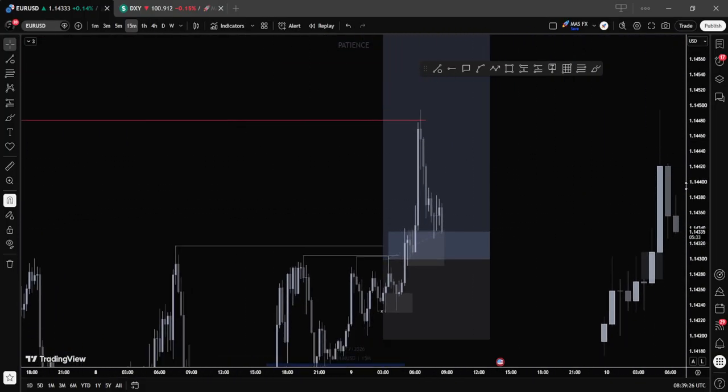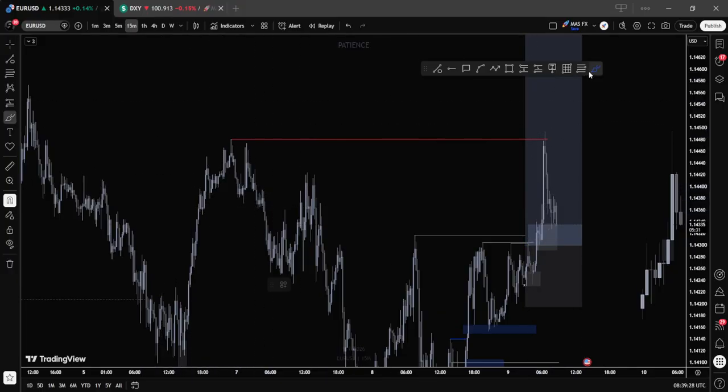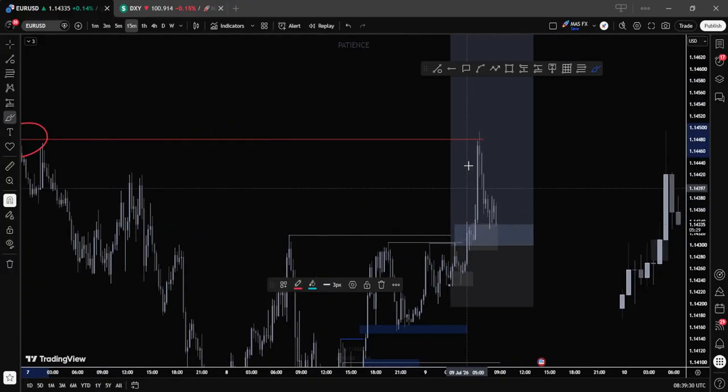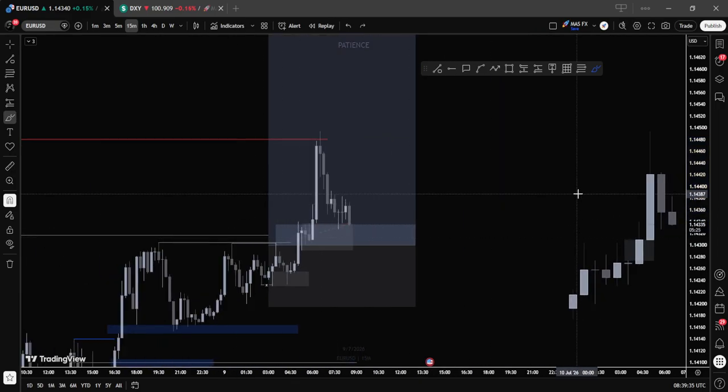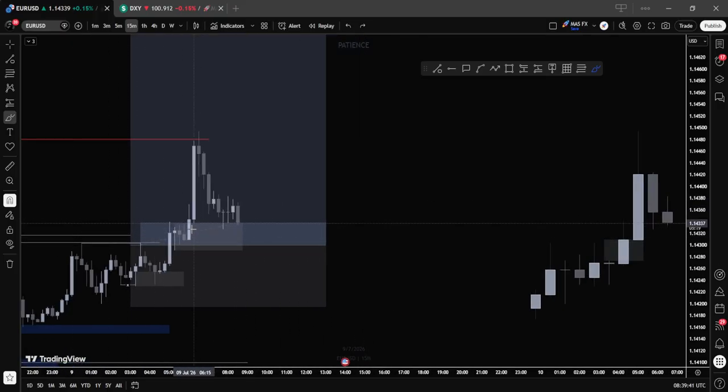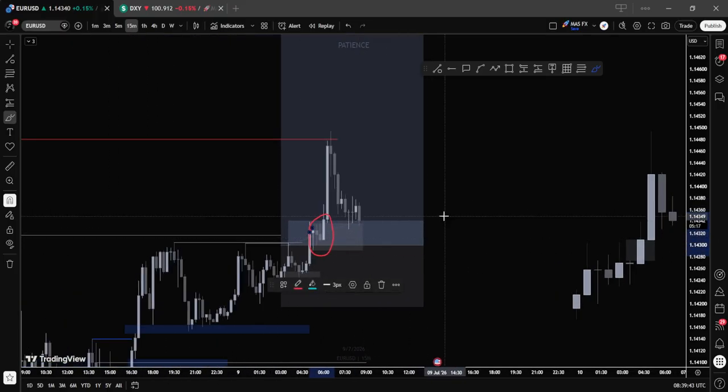Currently price has taken out a structural liquidity point, and that's what has led to the pullback, and it's looking to stop me out at break-even. Let's see. We have this 15 minutes demand order block over here, so what I'm expecting price to do is, yes, it's already doing it.